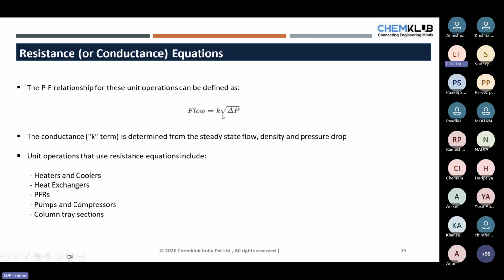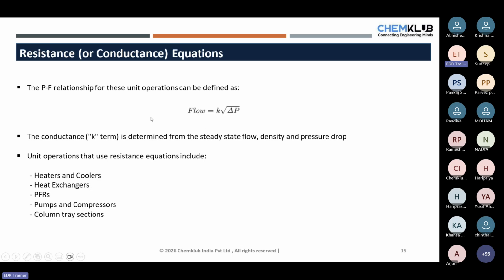If you remember your Bernoulli equation, the velocity is in the square form, right? So if you take velocity as unity, as one, then pressure will be in the square root form. So this equation has a fundamental basis.